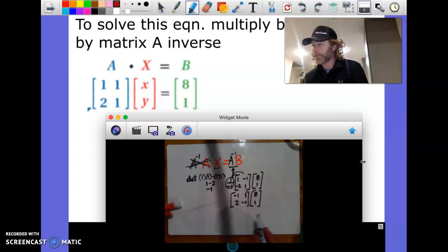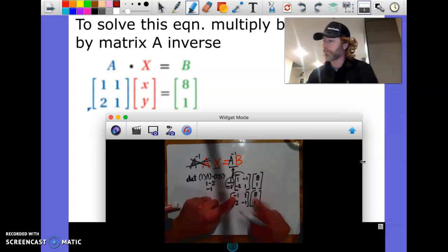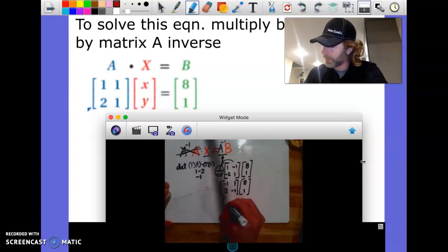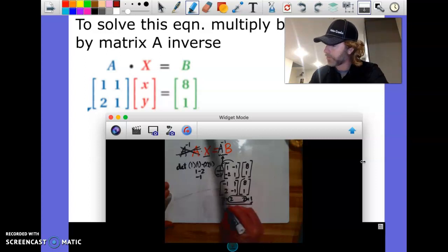So remember how we multiply? Use our fingers here. First of all, let's set the order of the product. The order of this first one is a 2 by 2, and this is a 2 by 1. Make sure we can multiply them. Yes, we can. The order of our product matrix is a 2 by 1, so that's 2 rows, 1 column.